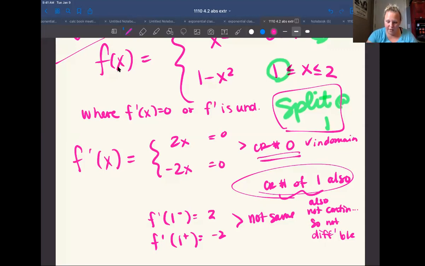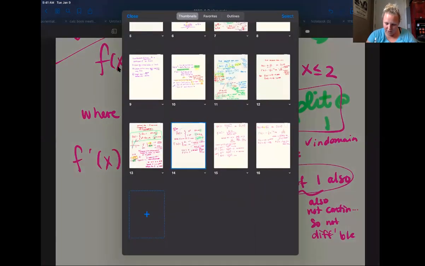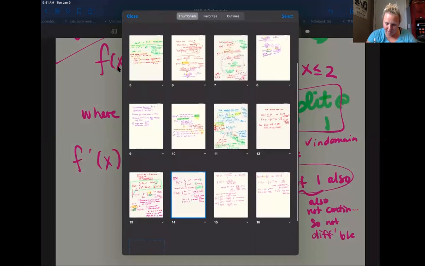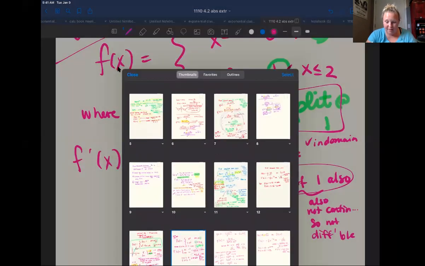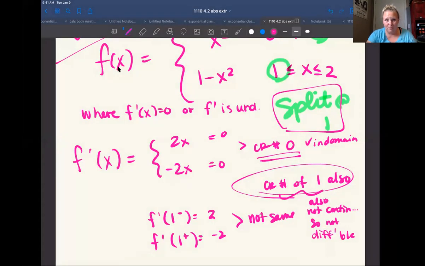So again, the majority of that homework from section 4.2 has you do critical numbers, absolute max, absolute min, and so your job is going to be the derivative, finding where the derivative is 0, revisiting your derivative rules with power functions, with square roots, radicals.